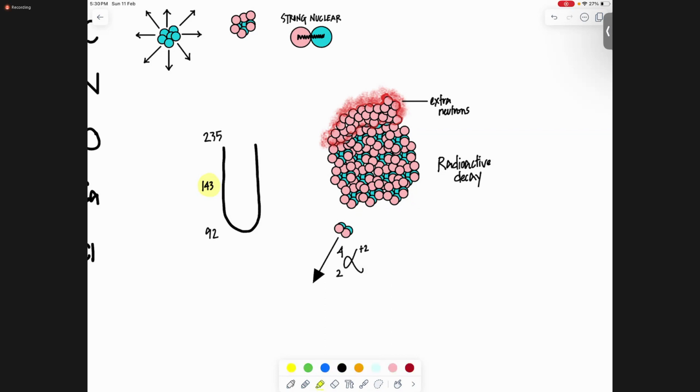And that is how the nucleus becomes a little more stable. Does it become stable right away? Absolutely not. Does it become more stable? Yes, it does, right? And this is what we refer to as an alpha decay. So alpha decay is when your nucleus has extra neutrons in it and it needs to get rid of them, but the neutrons won't go away alone.